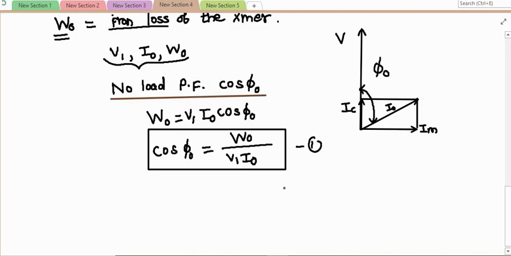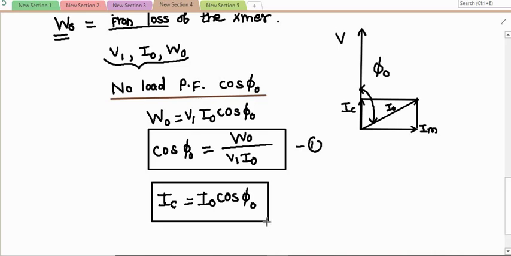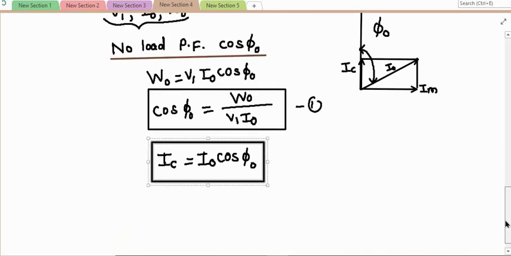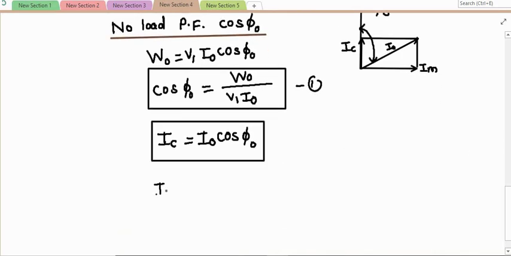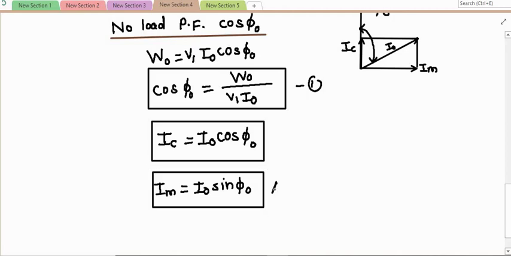From this phasor diagram that we have learned previously, I can write down Ic is equal to I0 cos of phi 0. Similarly, I can write down Im is equal to I0 sine of phi 0. All these are in amperes. Please write down the units.